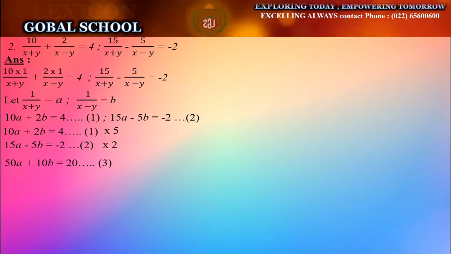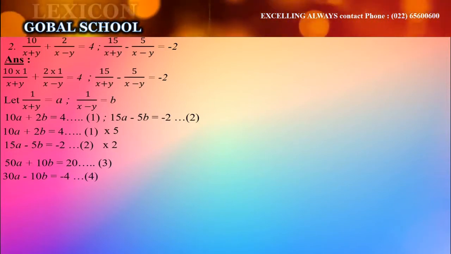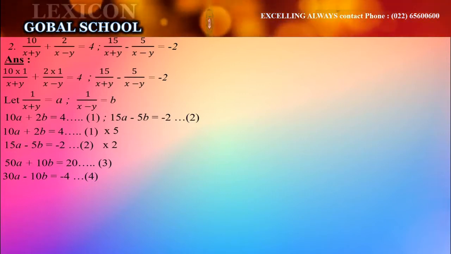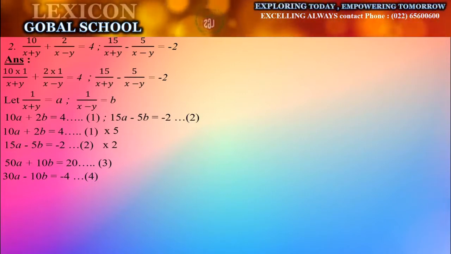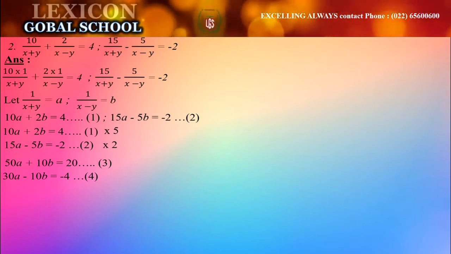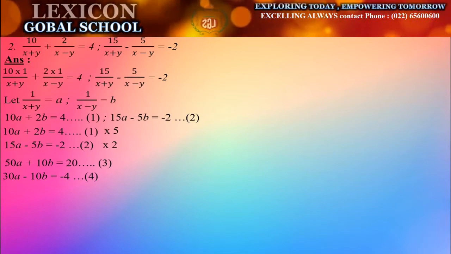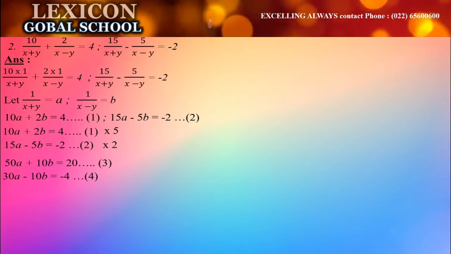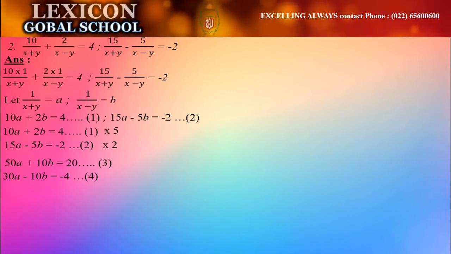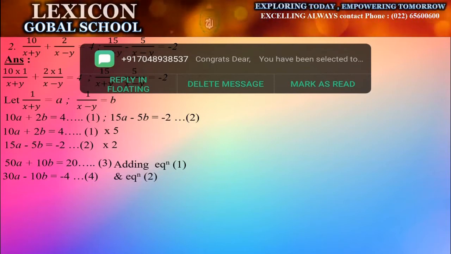When you multiply 2 with the second equation, you get 2 15s are 30a minus 5 2s are 10b is equal to 2 2s are 4. This is how we got equation 3 and equation 4. As you can see, the coefficients of variable b are same as well as they are having opposite signs. So, we can carry out the operation of addition.